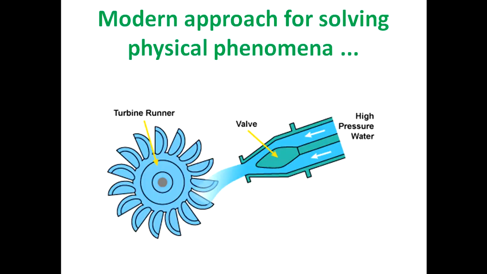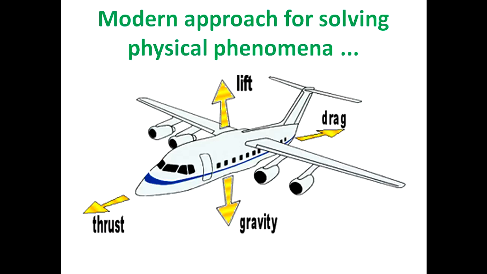So this is one example, and the next example could be this one, the flight. In flight, generally these are the four main forces acting on the aircraft: thrust, drag, gravity force, and lift force.